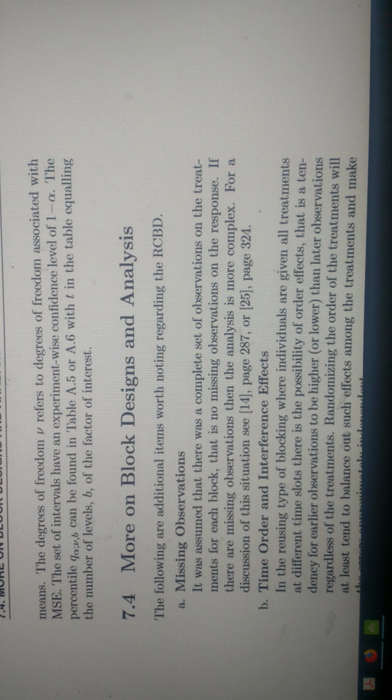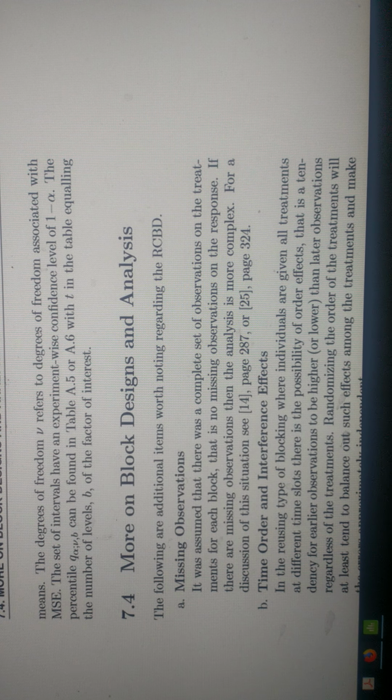If we did missing observations, things would get a little bit more complicated. You no longer have what we call a balanced design. And so in that case, there are different sums of squares that you could use.